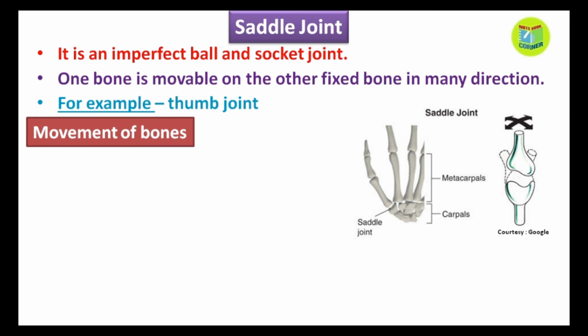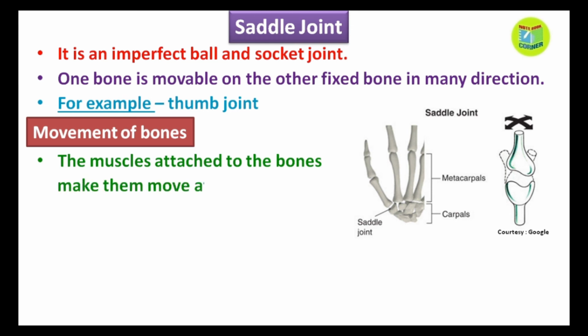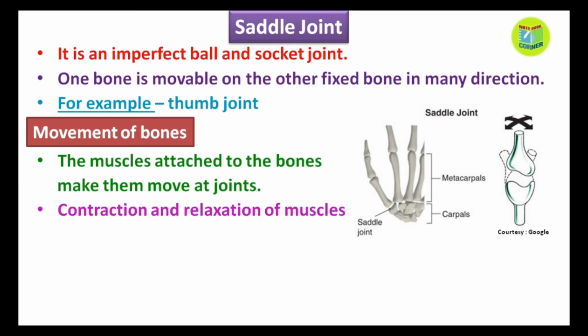Movement of bones. Bones cannot move by themselves. The muscles attached to the bones make them move at joints. The bones act as lever and joints as fulcrum.